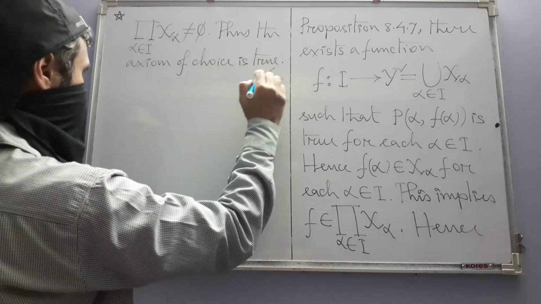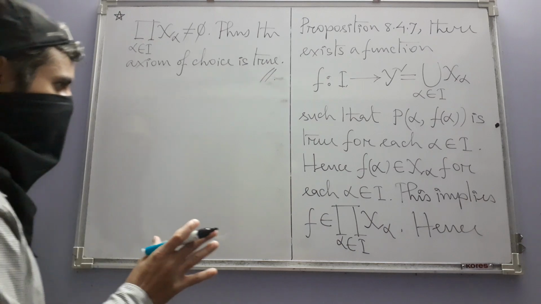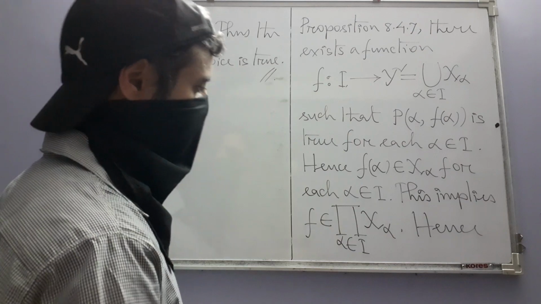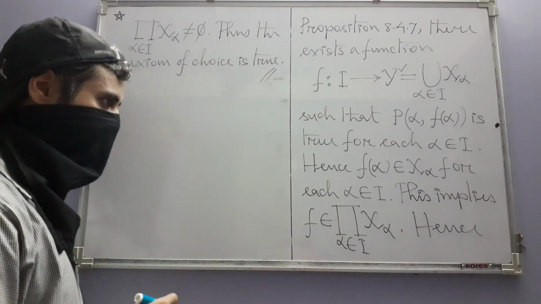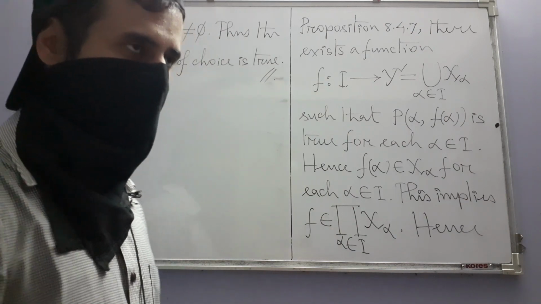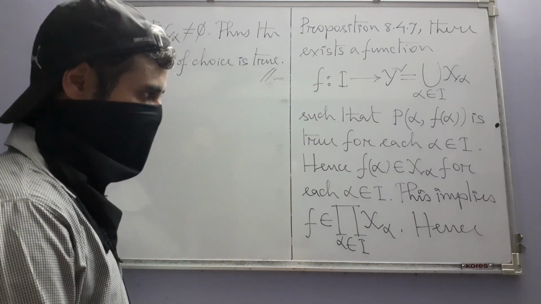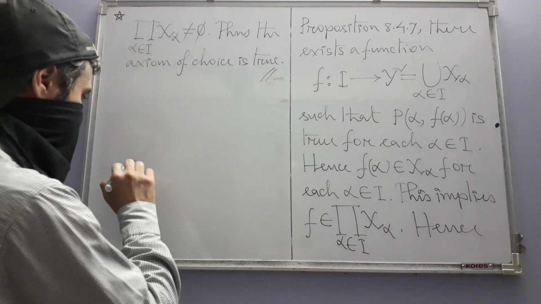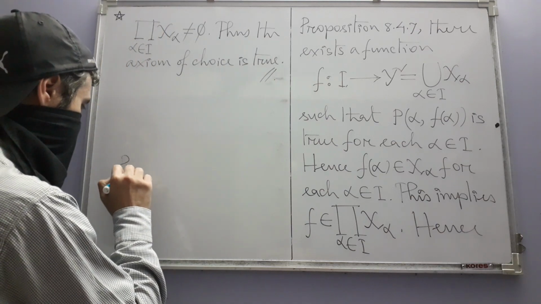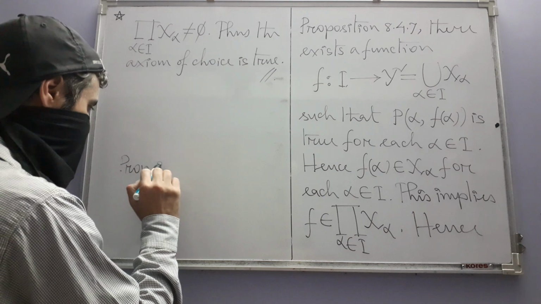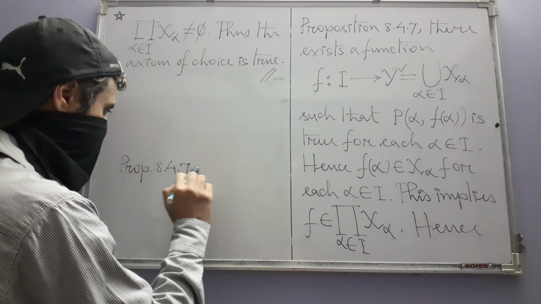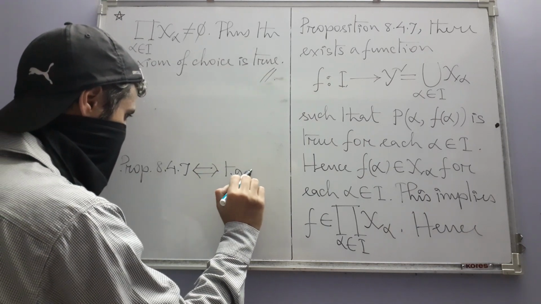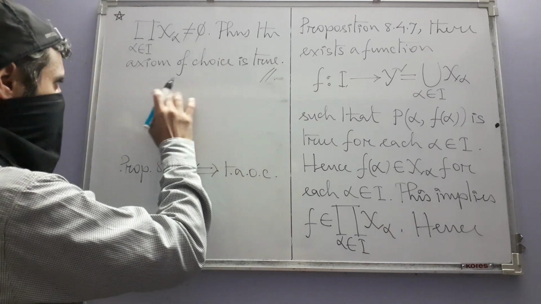And that's how we have come to know that the statement, or the entire thing, which is proposition 847, is actually equivalent to the axiom of choice. If you assume any one of it, then the other is a consequence of that. Proposition 847 is equivalent to the axiom of choice.